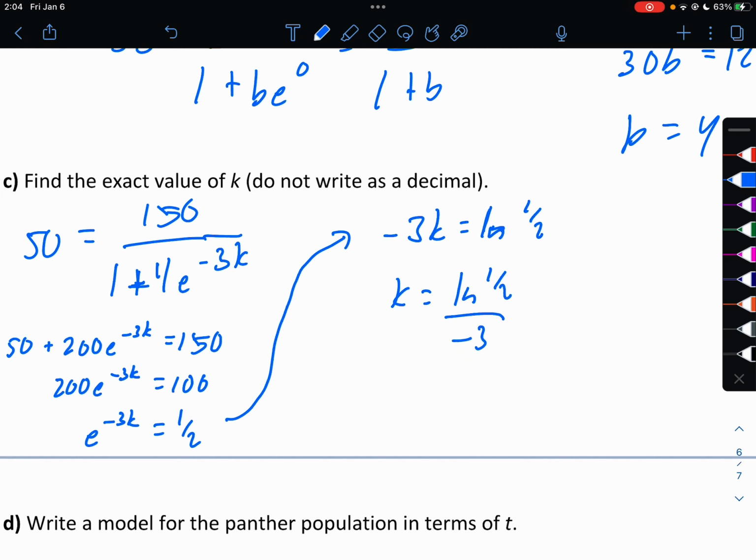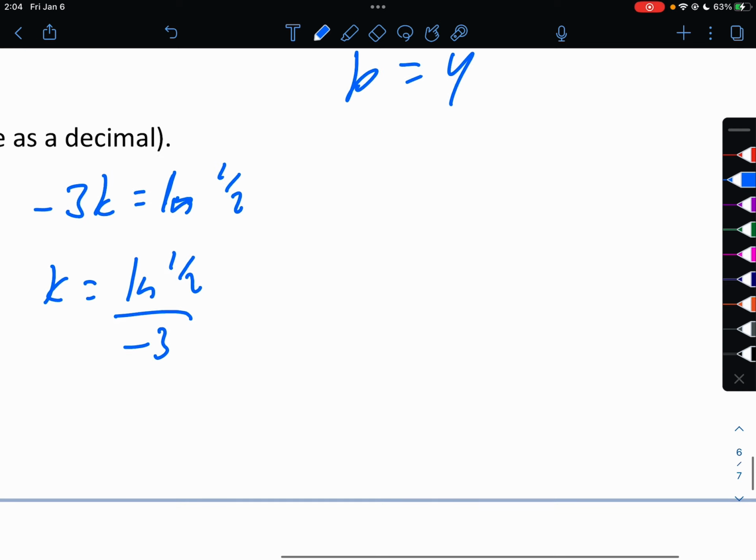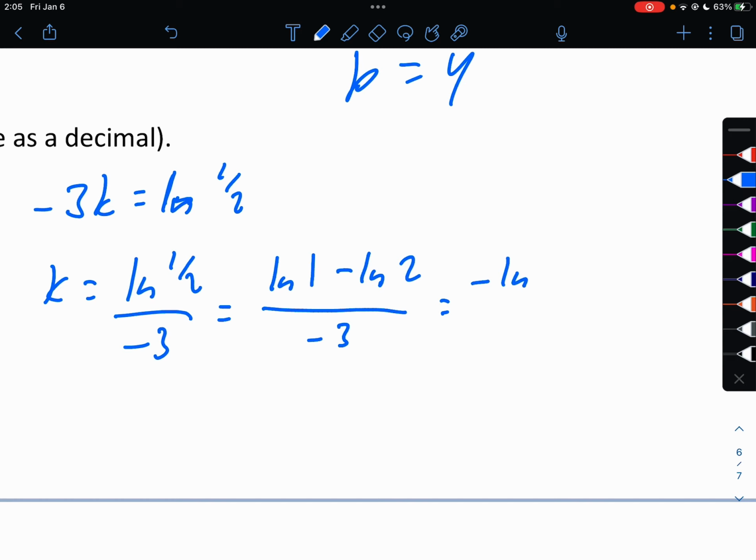A couple different things we can do to simplify this. We can write this as ln 1 minus ln 2 over negative 3. ln 1 is 0, so it's negative ln 2 over negative 3, which is just ln 2 over 3, or 1/3 ln 2. So k equals 1/3 ln 2.